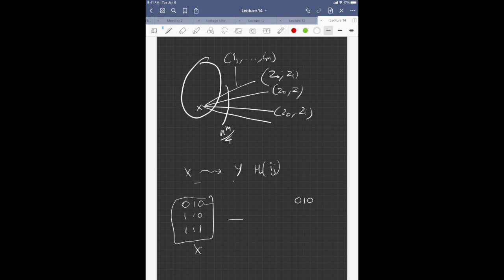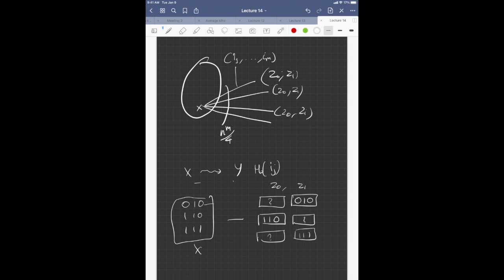So the z1 row should be 0 1 0. So we have no control over z0. Z0 could be anything, and this row has parity 0. So the z0 2 row should be this, and this could be anything. So similarly, this could be anything. This has to be 1 1 1.